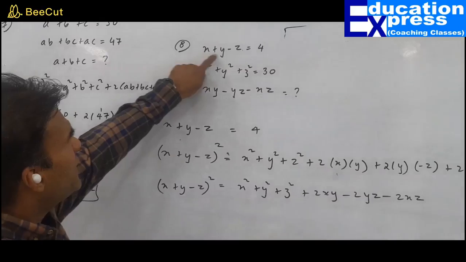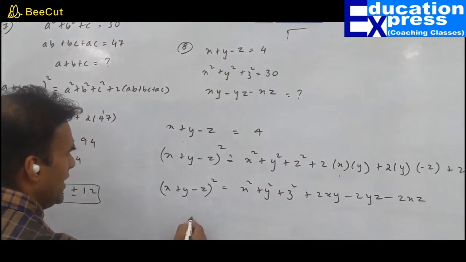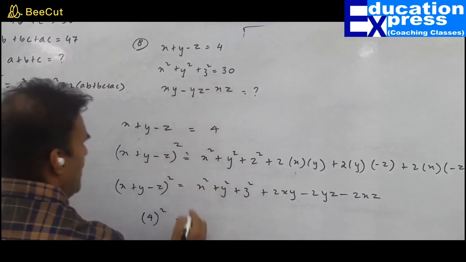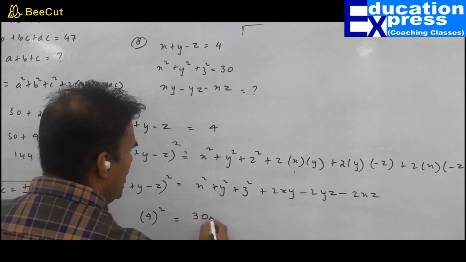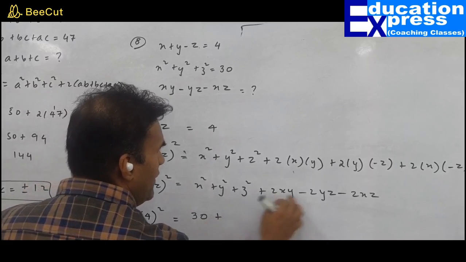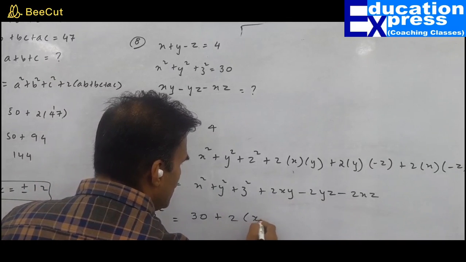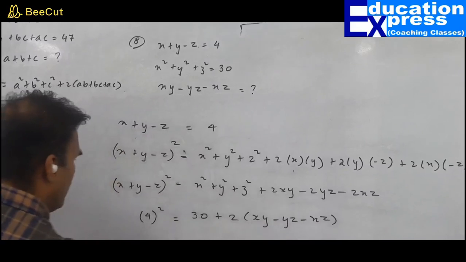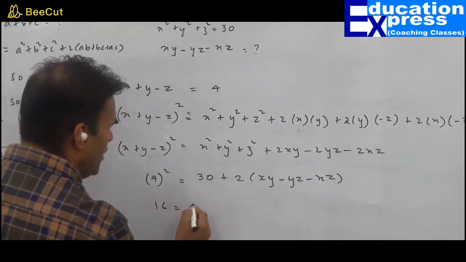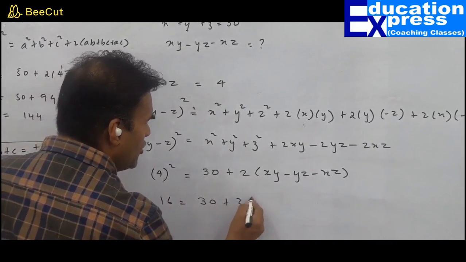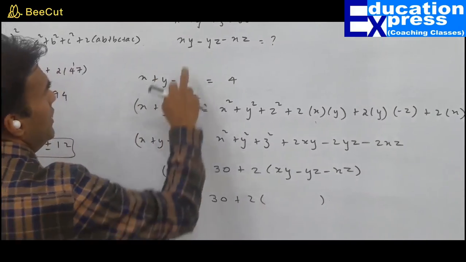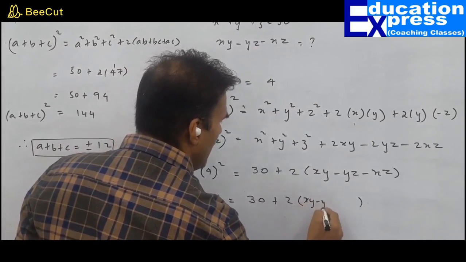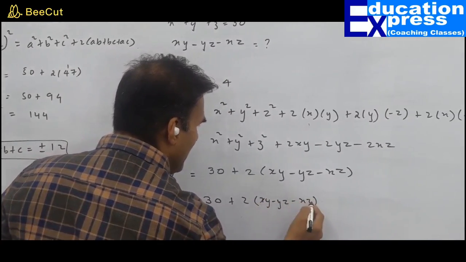Do we have the value of x plus y minus z? Certainly, it's 4. So 4 square. What about x square plus y square plus z square? 30. Substitute the values. Can I take 2 common? Yes, sir. So 2 times (xy minus yz minus xz). 4 square will come 16. 30 will remain as it is, plus 2. Oh, we don't have the value of xy minus yz minus xz.